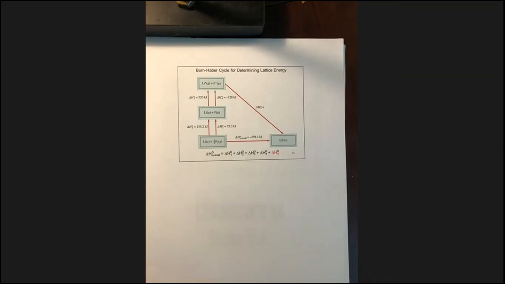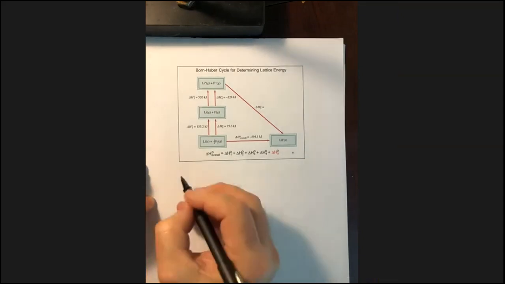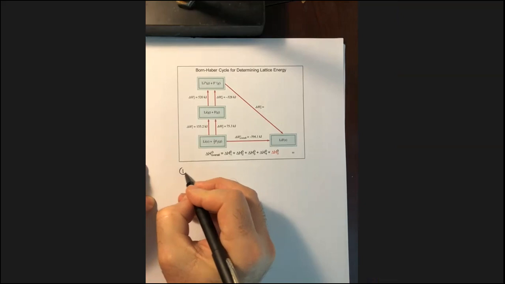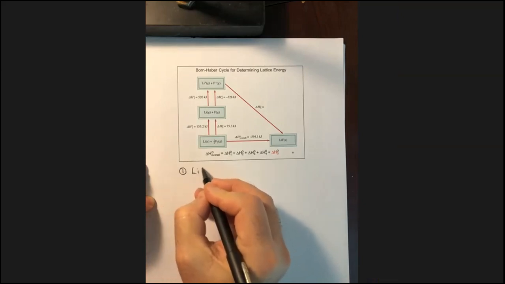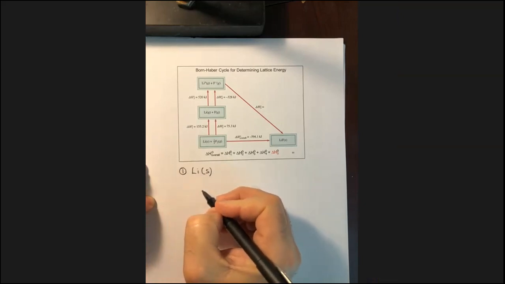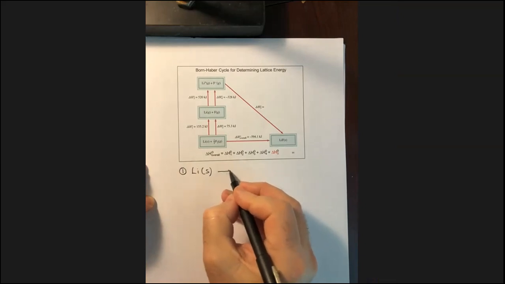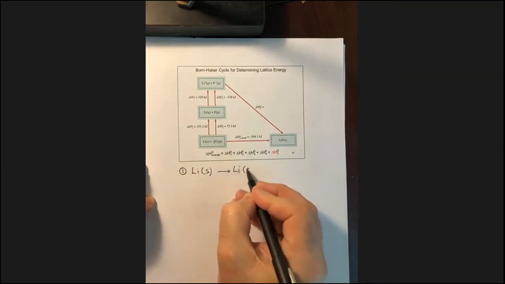All right. So what we're going to do is take it step by step here. First, and again, the order in which we do it really is not that big a deal, but the first step we're going to do is take the lithium, which right now is in its solid form, and we're going to vaporize it.